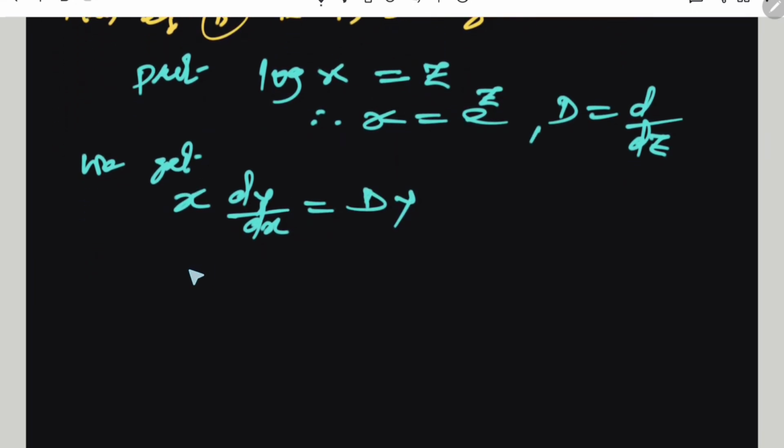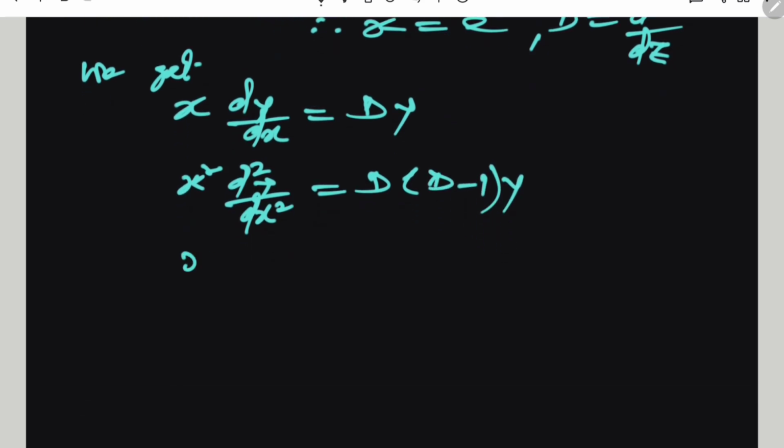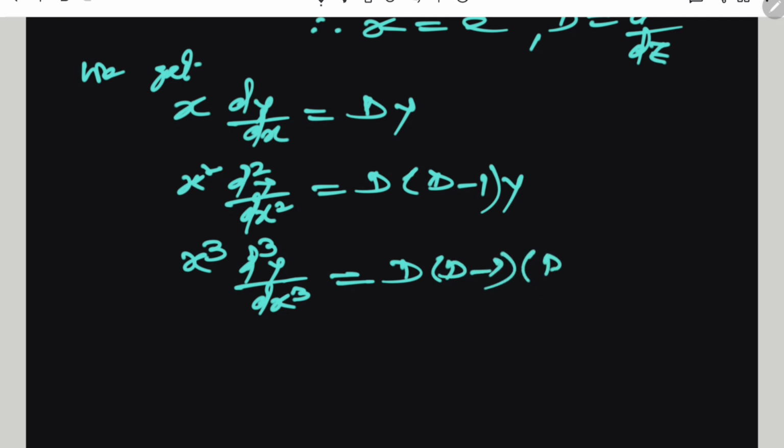Similarly, we have x square into d2y by dx square as capital D into D minus 1 operated on y, and x cube into d cube y by dx cube as D into D minus 1 into D minus 2 operated on y.